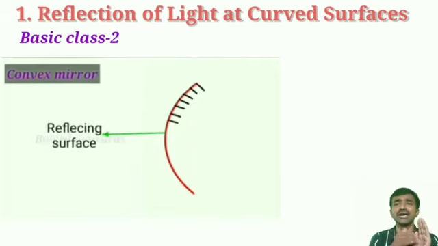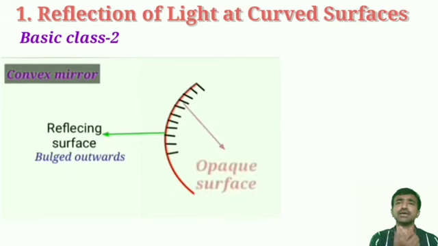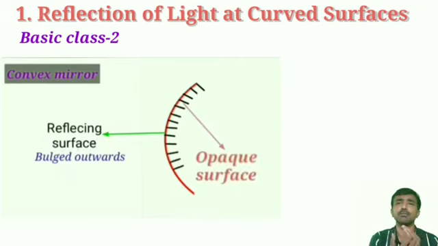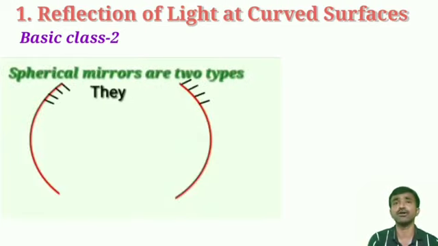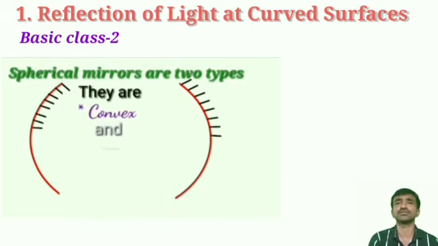Curved inwards has a depth, bulged outwards has a bulged surface coming out. So these types of surfaces are called concave and convex depending on which surface is the reflecting surface. Based on the reflecting surface only, we name them a concave mirror and a convex mirror.